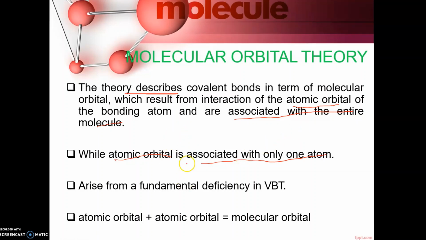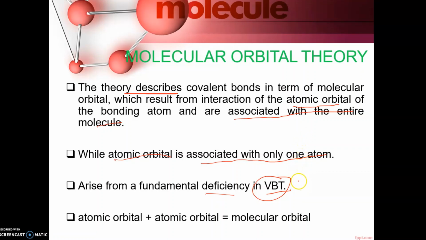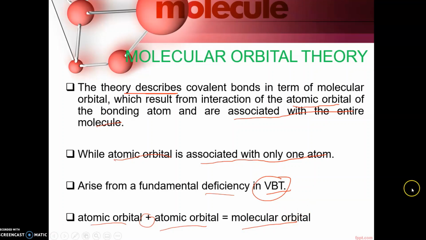This theory actually arises from a fundamental difference in VBT, valence bond theory. So scientists came up with this new molecular orbital theory, in which an atomic orbital overlaps with another atomic orbital to form new molecular orbitals.